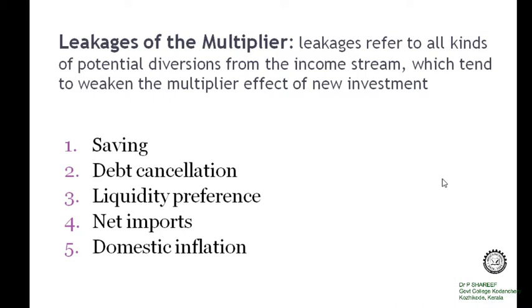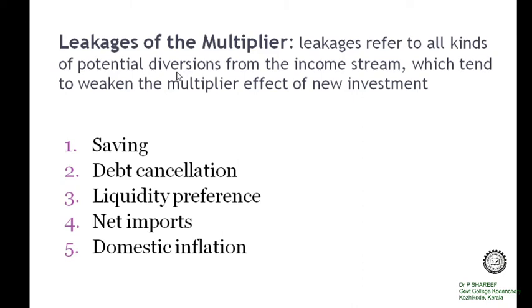Thus we saw the positive relationship between value of multiplier and value of marginal propensity to consume. But certain variables negatively affect the value of multiplier. They are leakages of the multiplier.